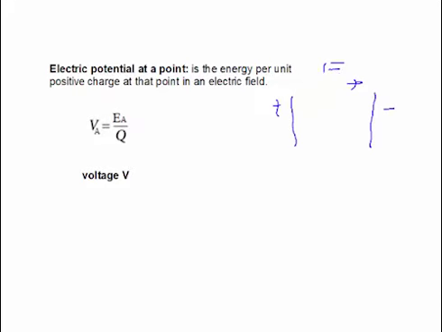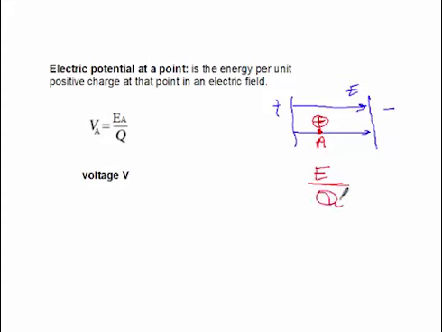Of course, the lines should be parallel and inside. These are the direction for E. So for a positive charge here, if it's here, let us consider it's point A. So it means the energy at this point divided by charge will give us the potential at the same point. This is potential, which is called voltage.